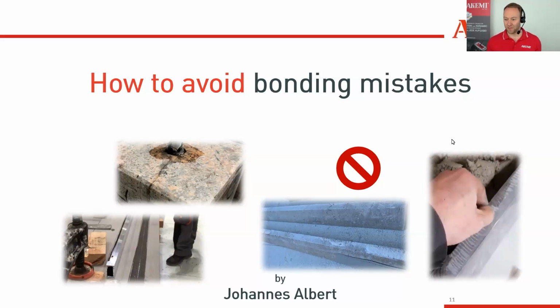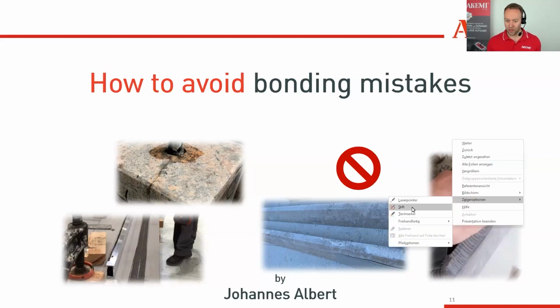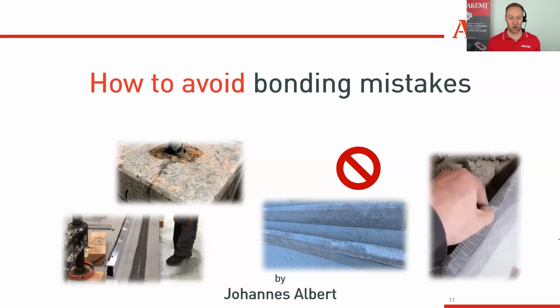Good, let's start. How to avoid bonding mistakes. As you know, especially in the natural stone industry, a lot of objects, a lot of nice buildings, countertops, everything is glued together. So you can do a lot of things with adhesives and bonding in general.